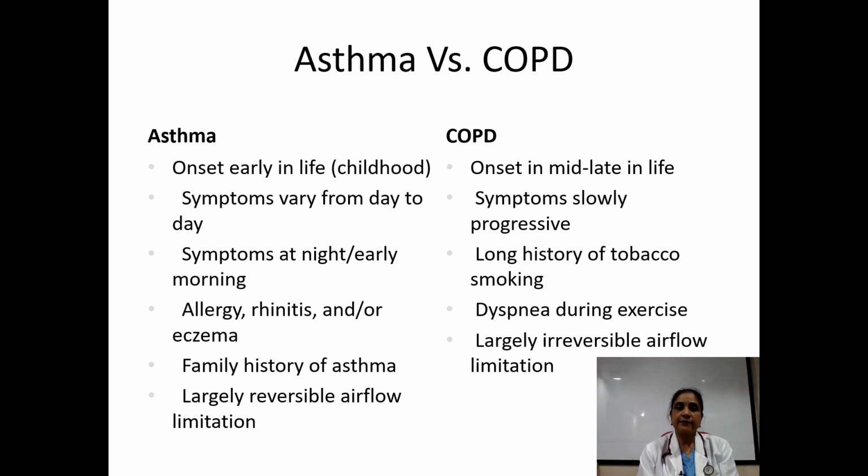In asthma, symptoms vary from day to day, while COPD is slowly progressive and only goes up. In asthma, symptoms happen mainly in the night or early morning, while in COPD they can be throughout the day. There is a long history of tobacco smoking in COPD, while a history of atopy, allergic rhinitis, eczema, or family history is what is present in asthma. Asthma is a reversible airflow obstruction.